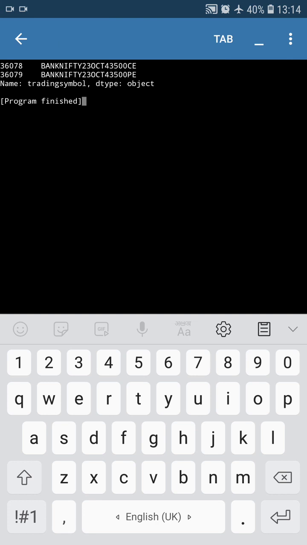So as you can see, it's 23rd October, 43,500 C, and this is the symbol which I was talking about. So I got the 43,500 C and P. The expiries which are going to be held, and the expiries which I am receiving, this is the current expiry symbols which I am getting here.